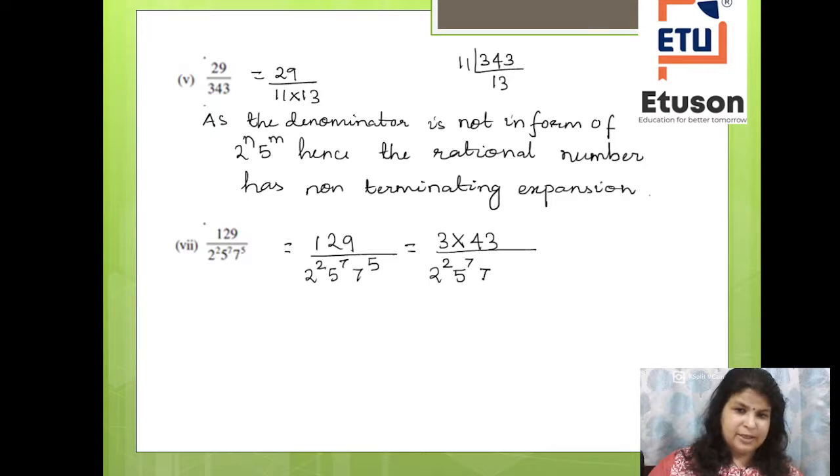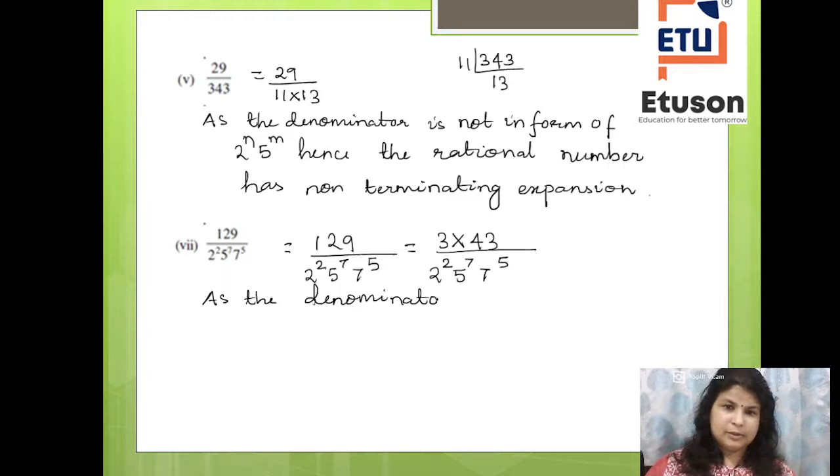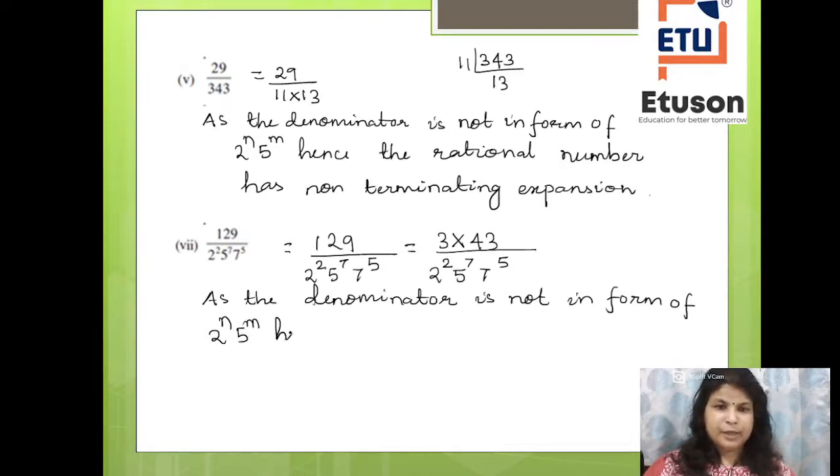No, it is not getting cancelled. So here also you have an extra 7 in the denominator. So you have to write down the same. The denominator is not in the form of 2 to the power n into 5 to the power m.